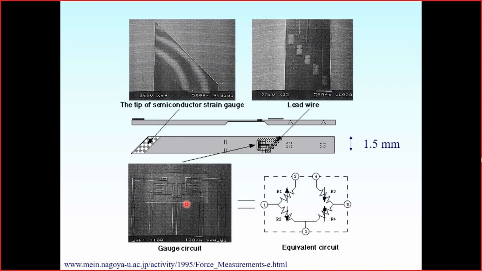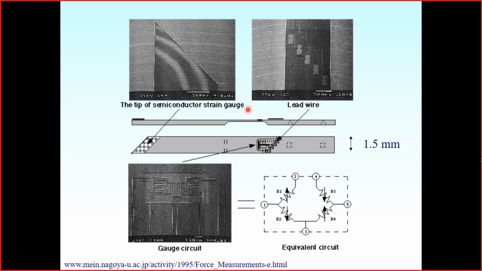This is an approximate equivalent scheme of this circuit. So this is actually the internal circuit. We have four resistive elements, and those four resistive elements are strain or stress sensors integrated in the silicon device. So it's some kind of silicon sensor inside the silicon.